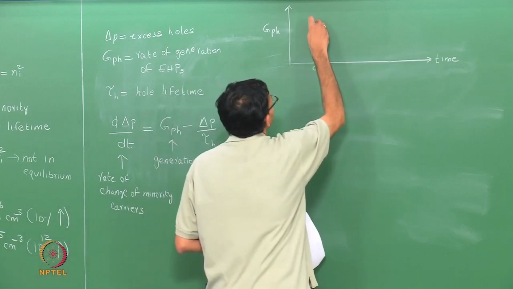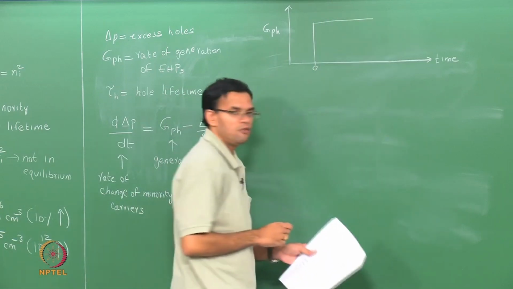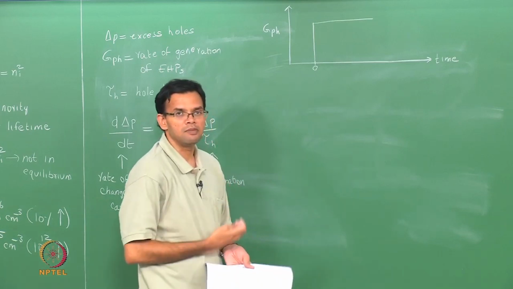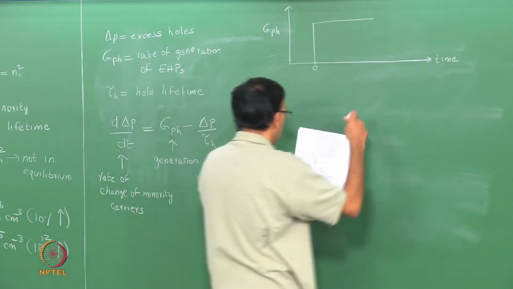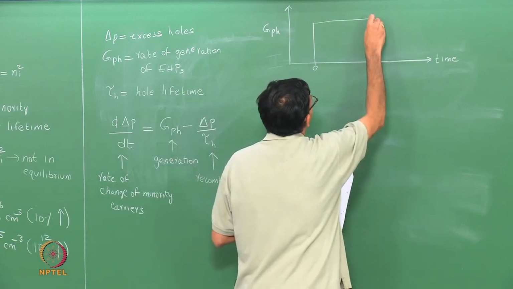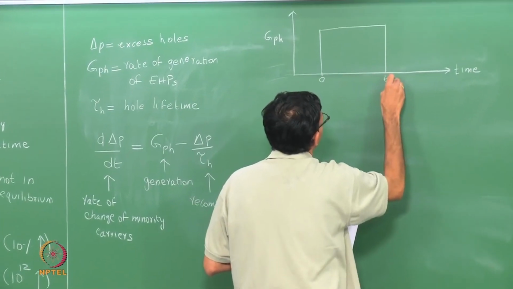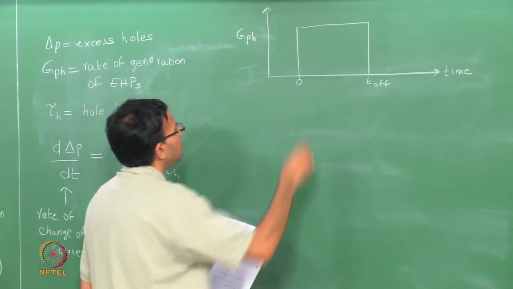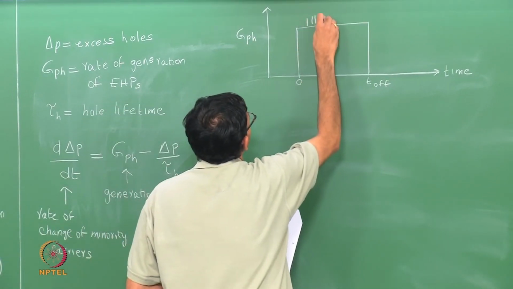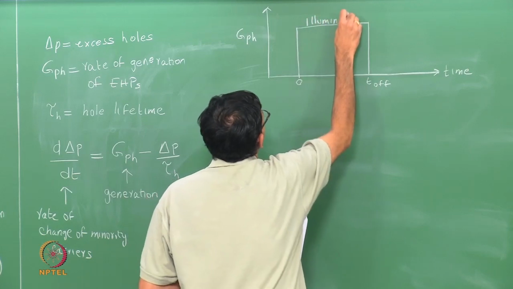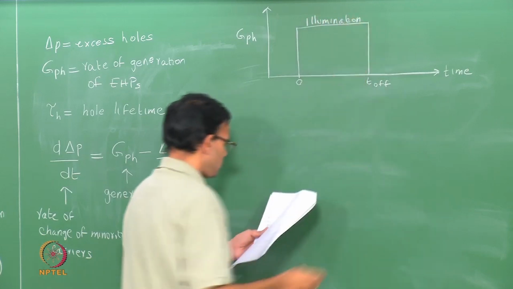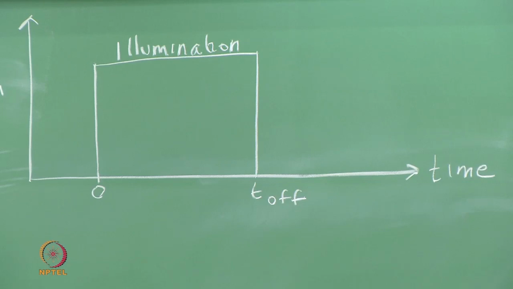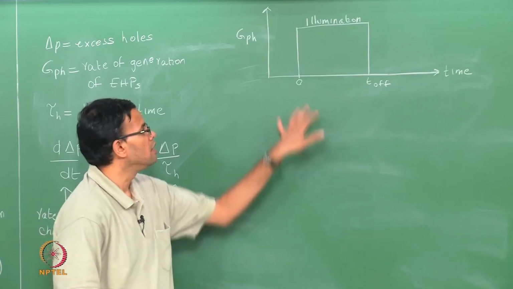We let the light be on for some time so that the system achieves some steady state, and at time equal to t off, we turn off the light. So you have illumination within this region.